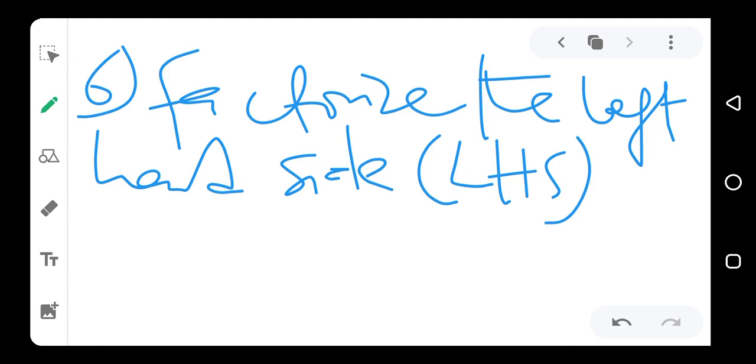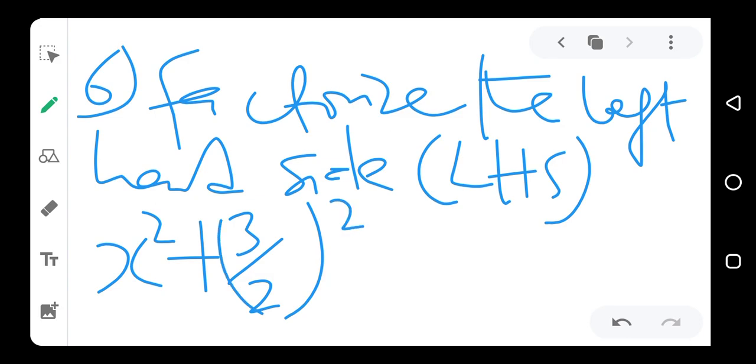Now what I mean by this is this: when we add the squared of b to both sides, that is to the left and to the right, then we factorize the values that we now have at the left hand side. So assuming that we have now x squared plus 3 over 2 squared.